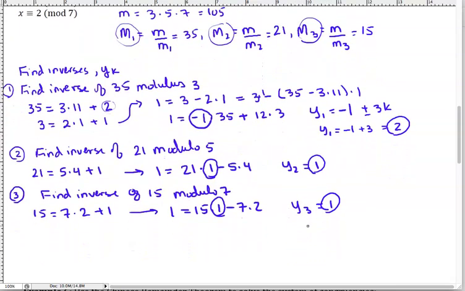Then to find our value of x, we find the sum: a1 M1 y1, a2 M2 y2, a3 M3 y3. Let's put the numbers together.